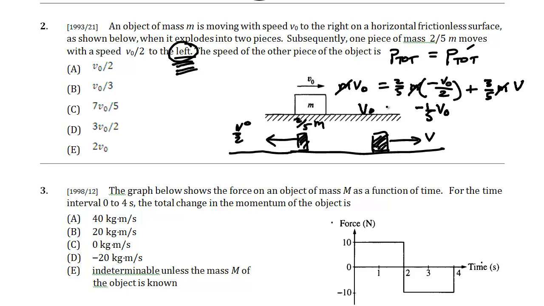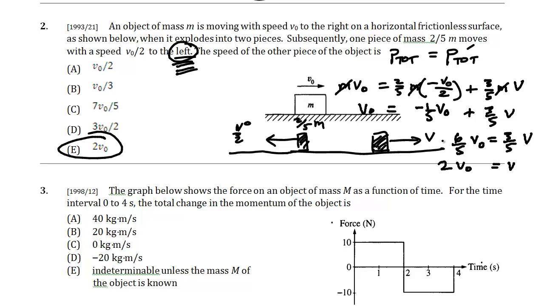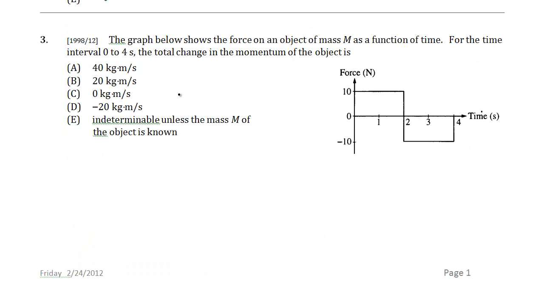So we have v0 equals negative 1/5 v0 plus 3/5 v. Add 1/5 v0, we get 6/5 v0 equals 3/5 v. Multiply by 5/3, you have v equals 2 times v0. E is the answer.